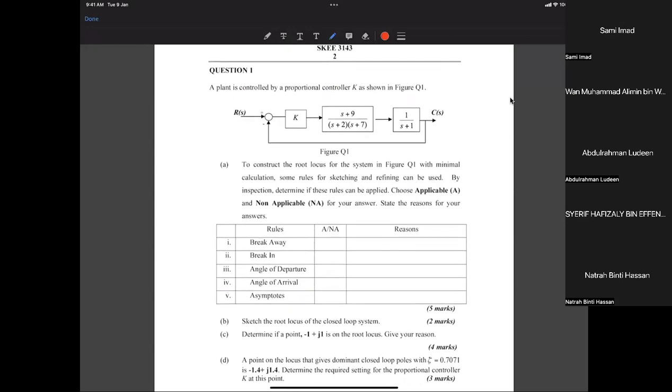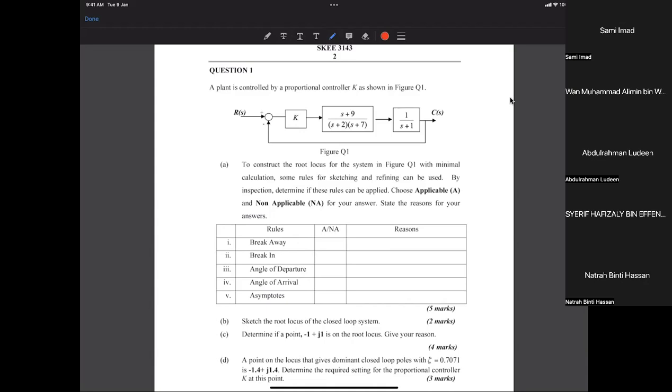A plant is controlled by a proportional controller K as shown in figure Q1. A, to construct the root locus for the system in figure Q1 with minimum calculation, some rules for sketching and refining can be used. By inspection, determine if these rules can be applied. Choose applicable A and non-applicable NA for your answer. State the reasons for your answers.